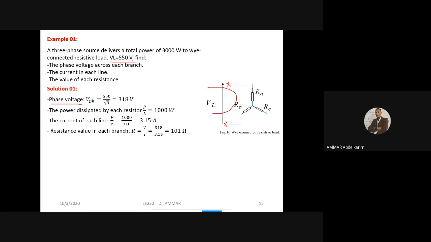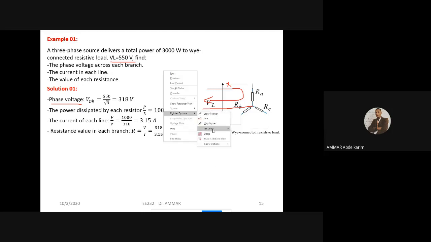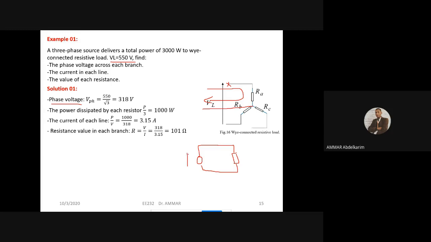So what we said at the beginning: we need to add the neutral point. So this is the neutral, like this, and we take a single phase. So the circuit is simplified like this. We have a source, and we have a load. Here it's V phase, not V line, because it's single phase.